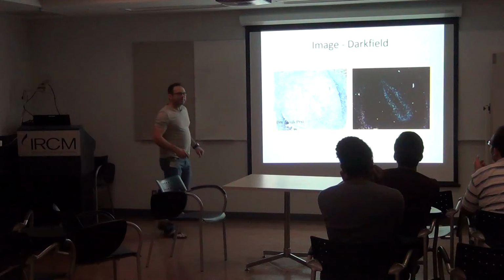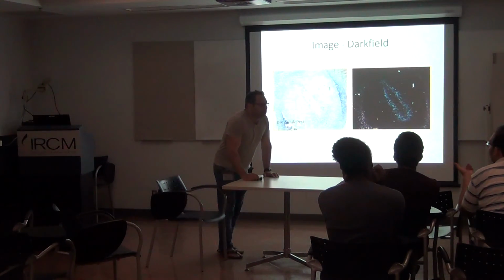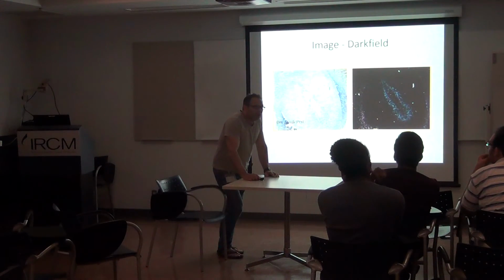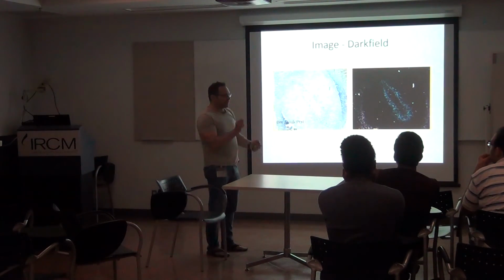But that would make it harder to decrease the noise in the slide, for example. Actually, no, because the only thing that you will see is really small things. So it's only small things that will make the light change direction enough to enter the objective.